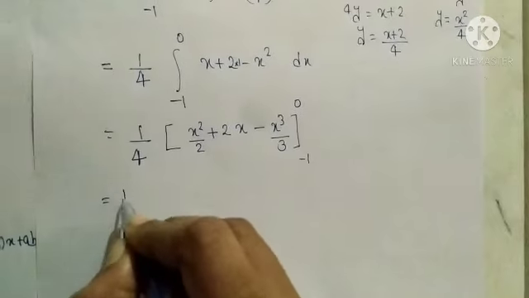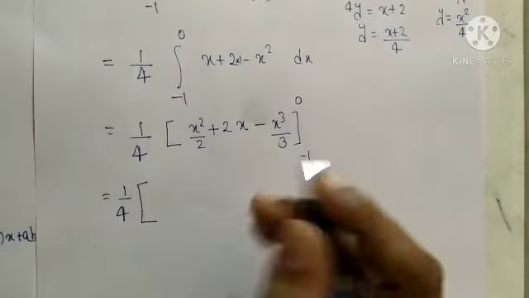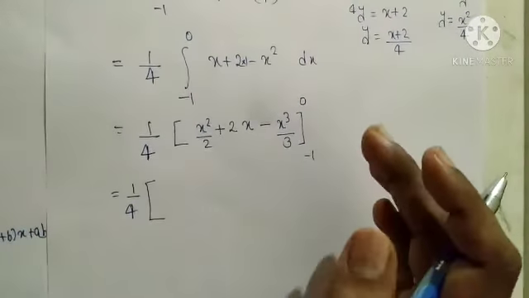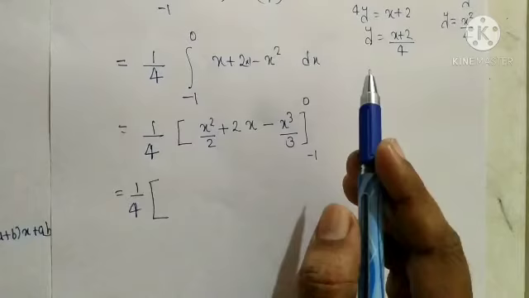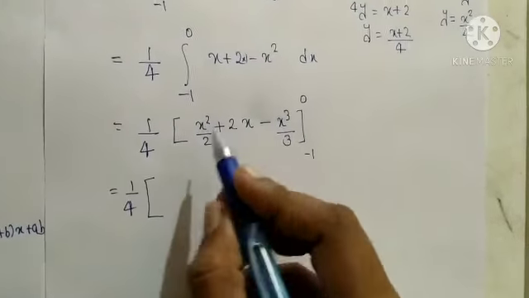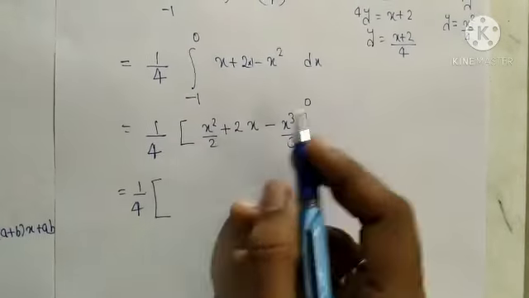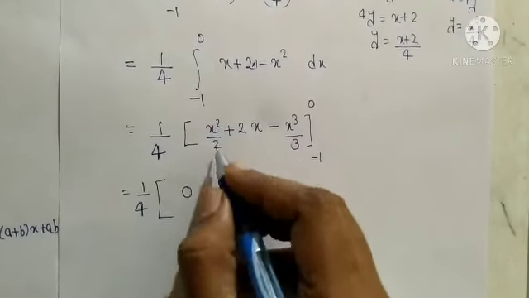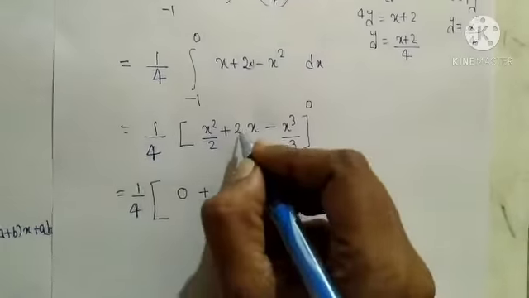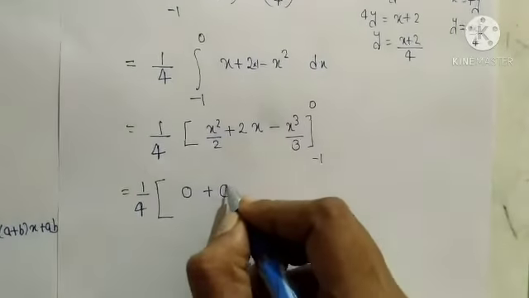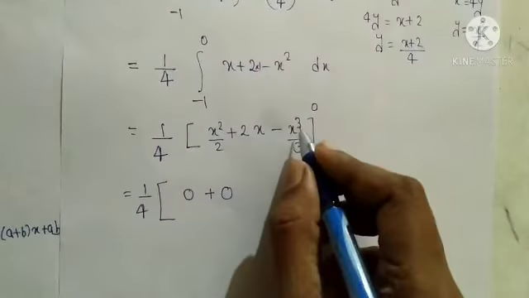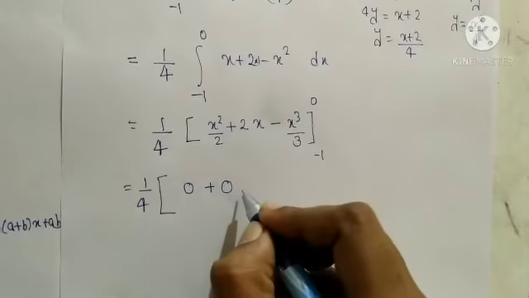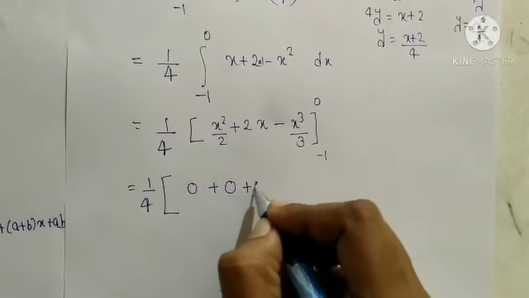And this will equal to, we need to apply the limit. First apply the uppermost limit, which is 0. So replacing this x by 0, here we get 0 square by 2, whole term will become 0, plus 2 into 0 will become 0, and the other term minus x cube by 3, 0 cube by 3, is also 0.